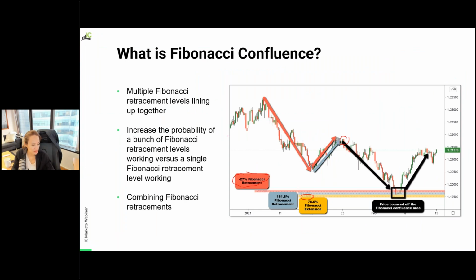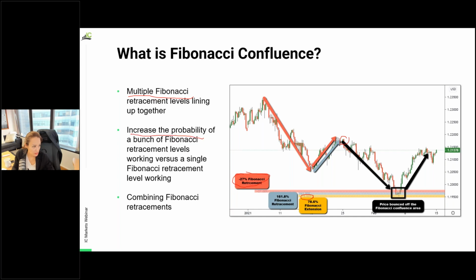So like I say, what is Fibonacci confluence? It is just multiple Fibonacci retracement levels lining up together. If there is more than two, that means that area is very strong, or that could be a key level as well.